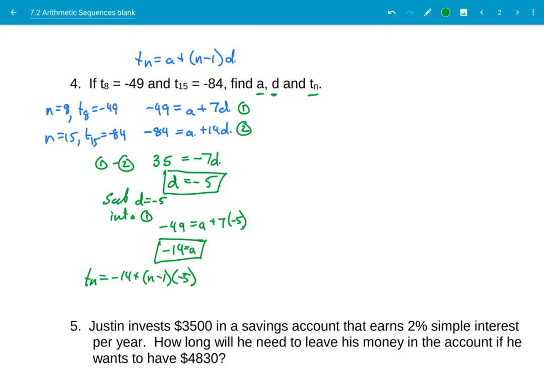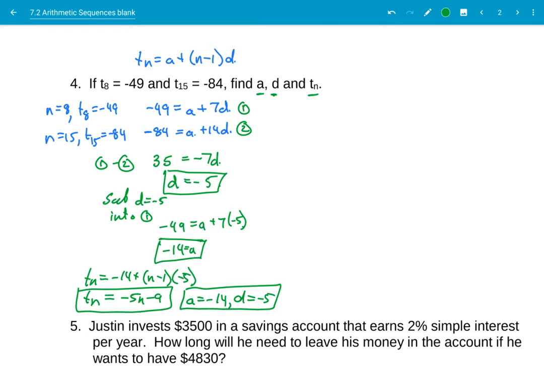So negative 5n minus 9. And maybe I'll list the other two things we were to find. There it is. Now, I guess that's all good.